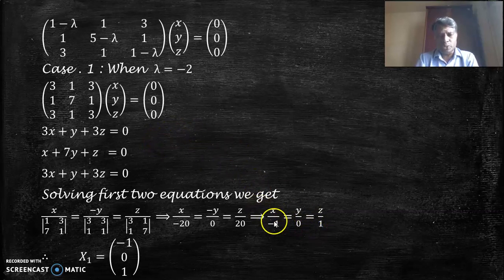So for this ratio, it will satisfy all the equations. These are ratios. So this is the eigenvector of the simultaneous equations. We find three eigenvectors.